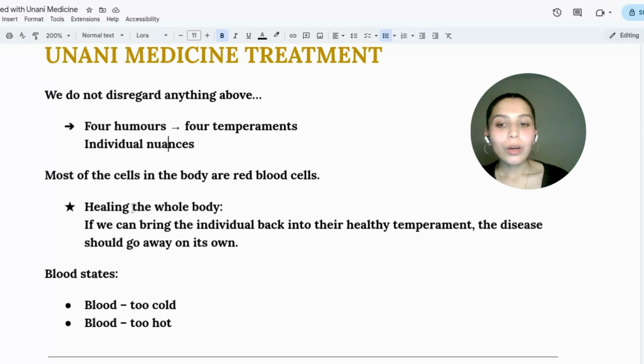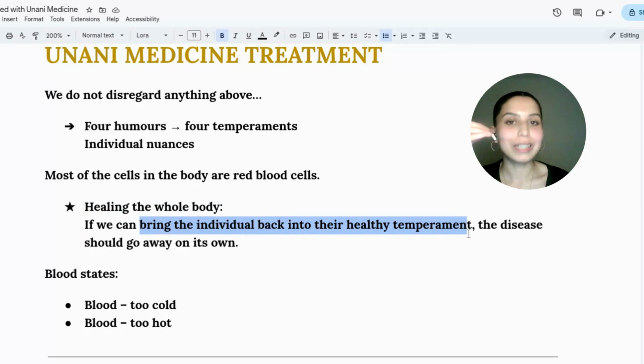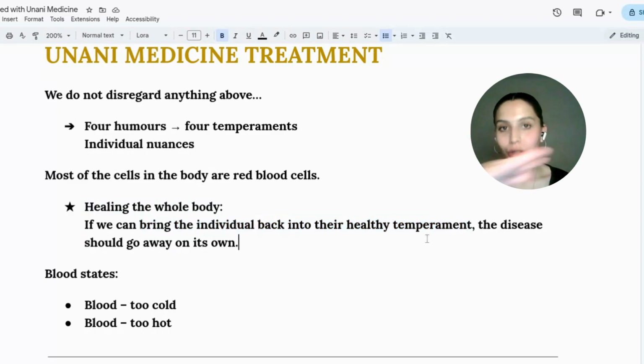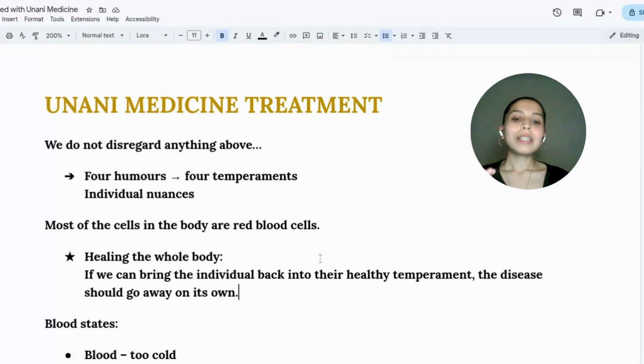So, healing the whole body for our Unani practitioner is to bring the individual back to their healthy temperament, their original temperament, because these temperaments are what we are born with and will stay with us throughout our entire life. Okay, so when the temperament shifts, that's when the diseases occur.